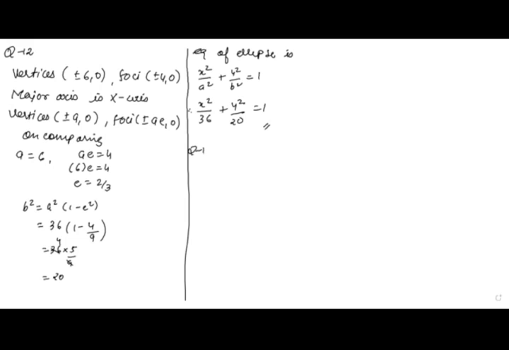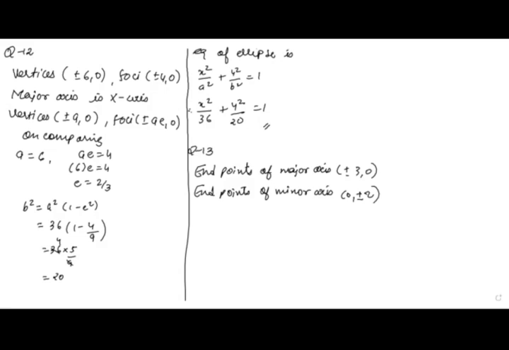Let's try to understand the 13th question. Here the endpoints of major axis are given as plus minus 3 comma 0, whereas the endpoints of minor axis are given as 0 comma plus minus 2.